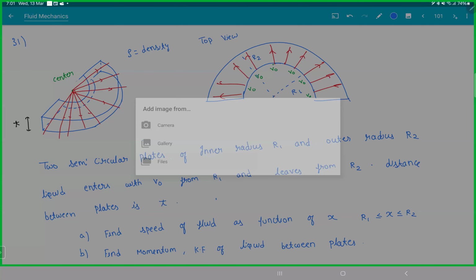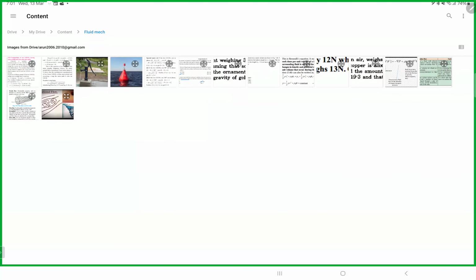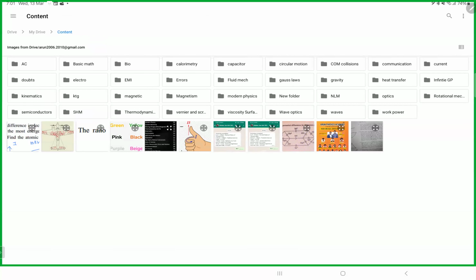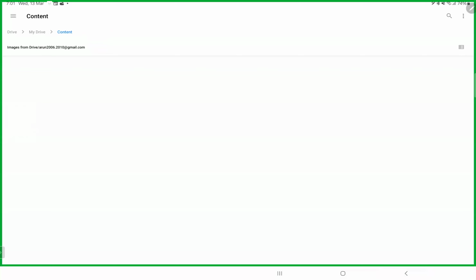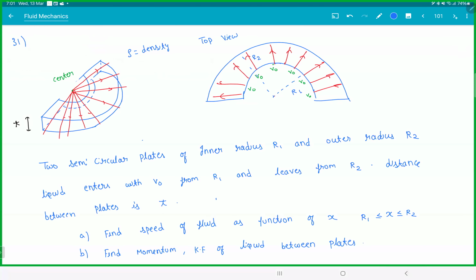There is a stupid diagram. Why is this not getting updated? Okay. Anyone who didn't get the diagram, please ask me.